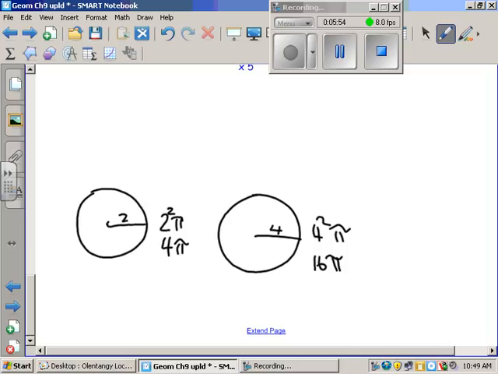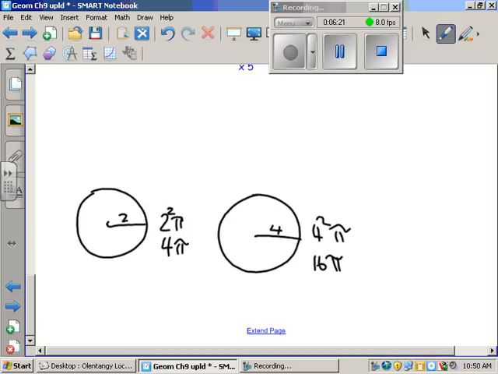So if you look, I've doubled the radius, but the area didn't double. 4 times 2 is 8, not 16. It went up by a factor of 4. So think about that for a second: why, if I doubled the radius, did it go up by twice what I meant it to go up by?